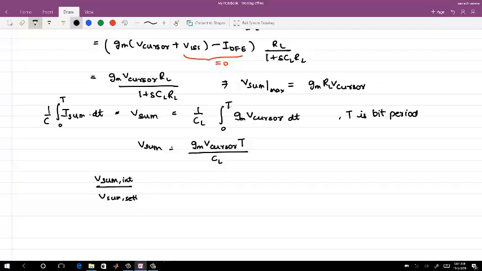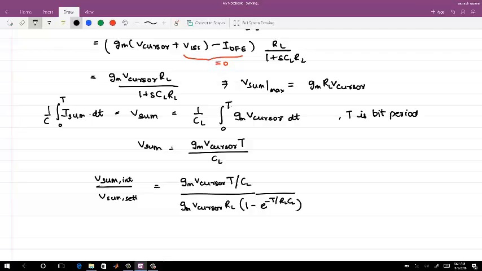This is equal to GM V cursor T by CL. And the other one is GM V cursor RL into 1 minus e power minus T by RLCL.